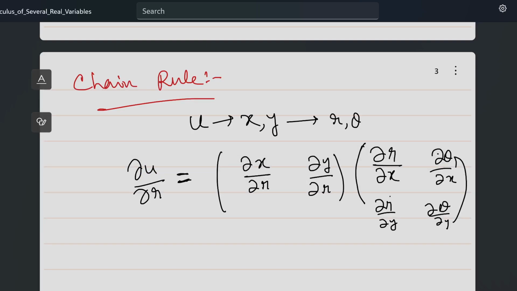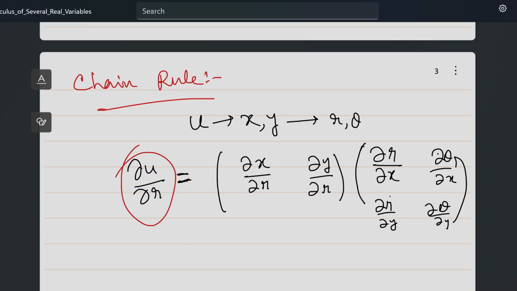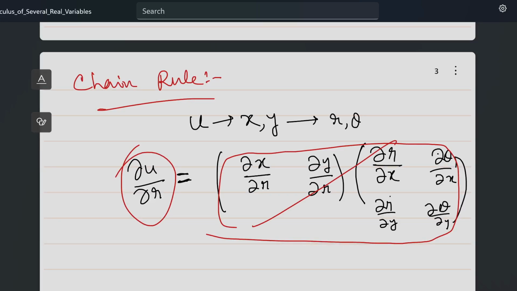Sorry. You have u here. u is represented as a function of x and y, which is further represented as a function of r and theta. The formula is del u del r, you have to find, so u should be on your right hand side also.